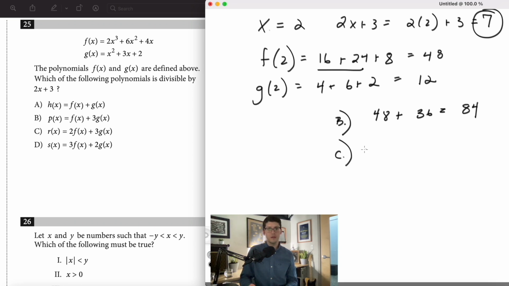C would be 2 groups of 48, which is 96, plus 36. That's equal to 132. And 132 is not divisible by 7. How do I know that so quickly? Well, I know that 70 and 70 is 140. 140 is divisible by 7. That means 7 less than that is divisible by 7. 132 is 8 less than 140.